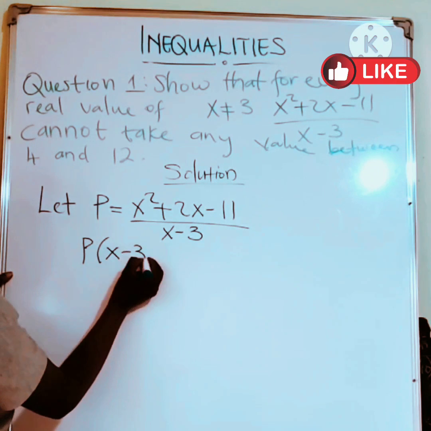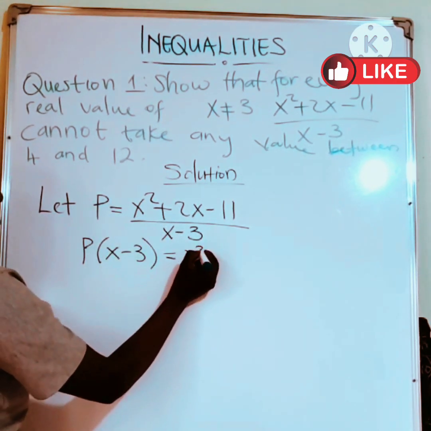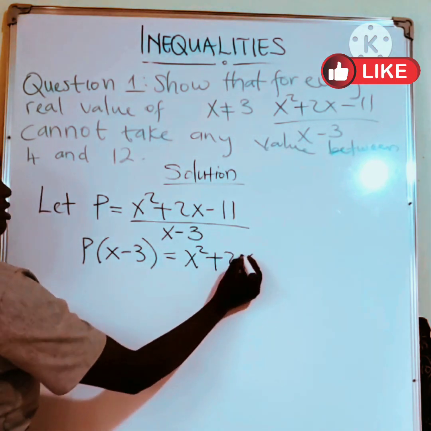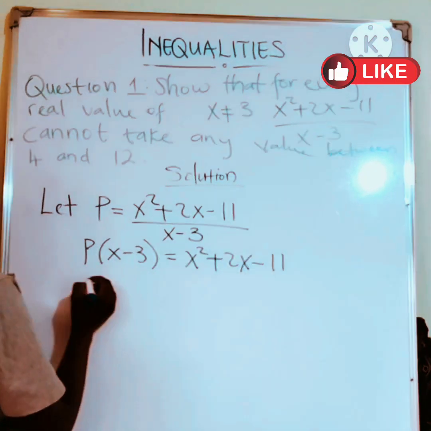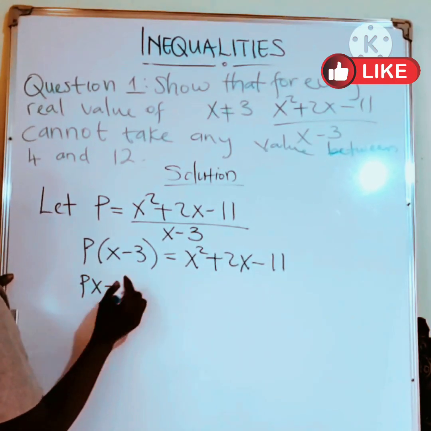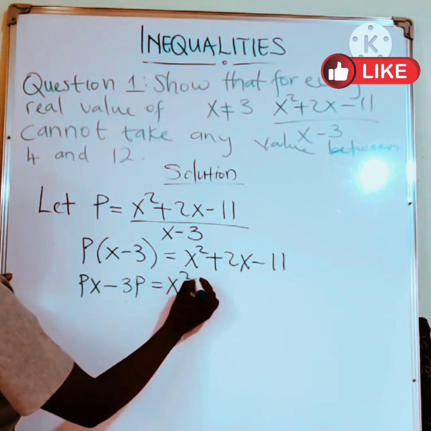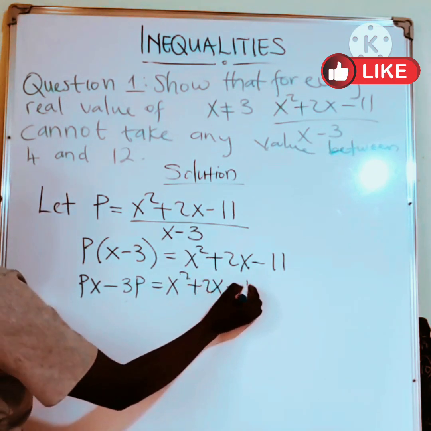Cross multiply to give you px minus 3p equals x squared plus 2x minus 11.